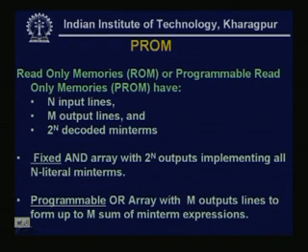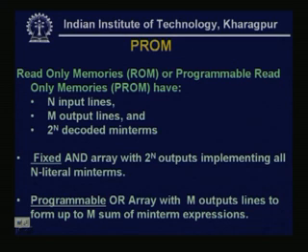So, all these 2 to the power n values will give my minterms using n input variables, and m output lines. So, m output lines means I can get 2 to the power m values again, as if my content is m bit. So, this is an m bit memory.